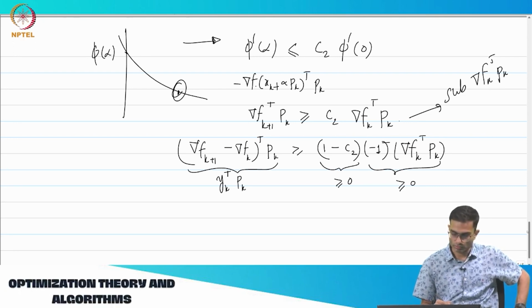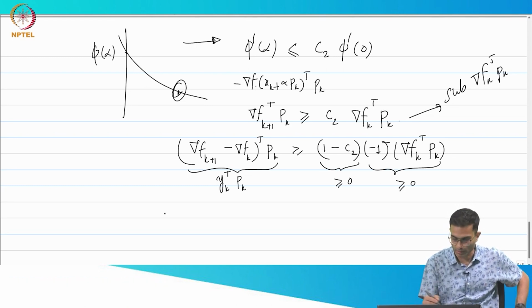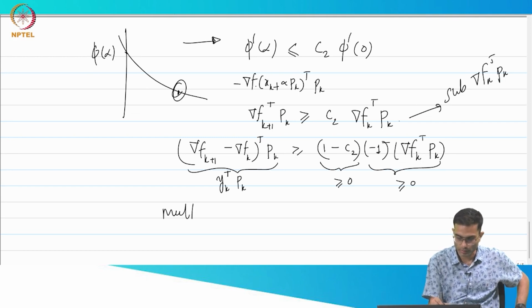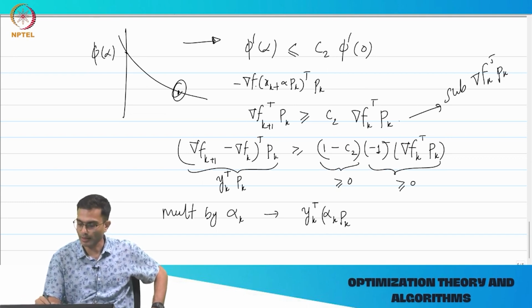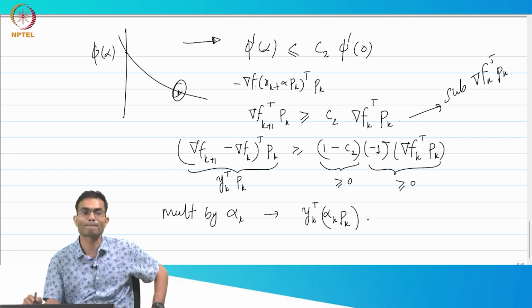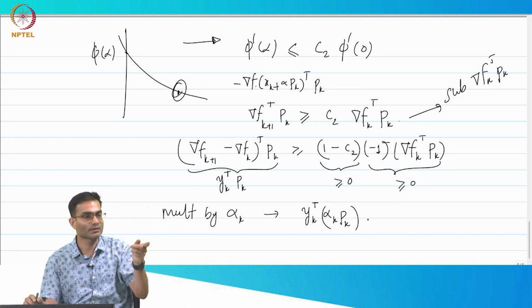If I multiply this by a positive number alpha k, I get yk transpose alpha k pk. But alpha k pk is nothing but xk+1 minus xk, which is sk.